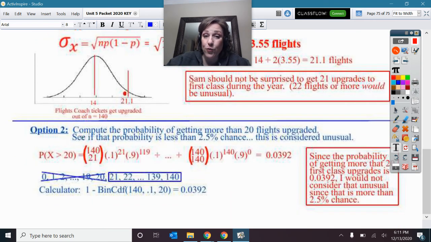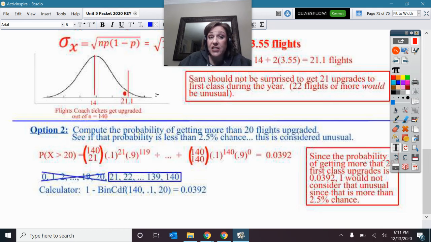So look, here's the other one. And you don't actually quite know this yet until we get to inference next semester. So that's why I thought of this as option 2, because you might not have thought of it this way, but you could have, and that's fine, because we have talked about this type of thing: when you have the normal model, how much percent is above 2 standard deviations?